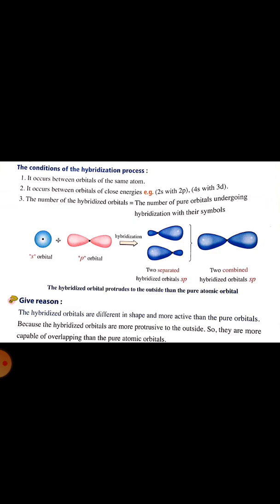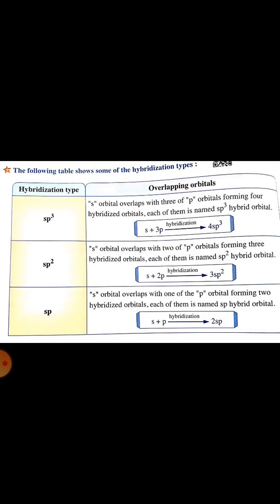Their name is not s, not p, it's sp, and their shape is like this, as you can see here, not a sphere and not dumbbells. So sp, we get 2 sp. s and 2p, we get 3, each one sp2. s and 3p, we get 4 sp3.